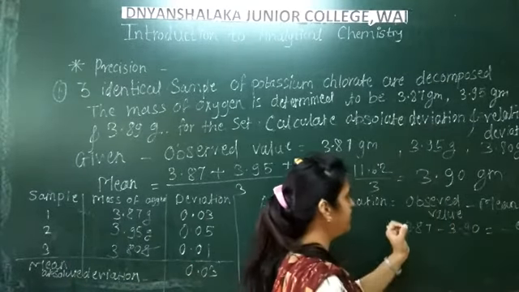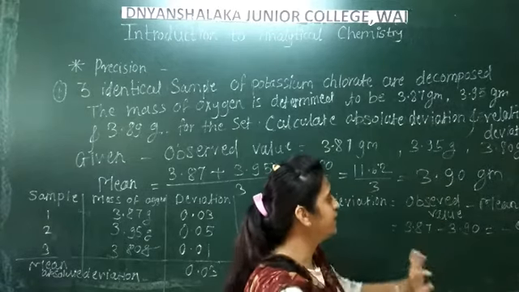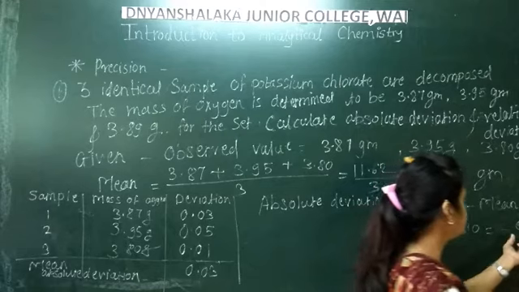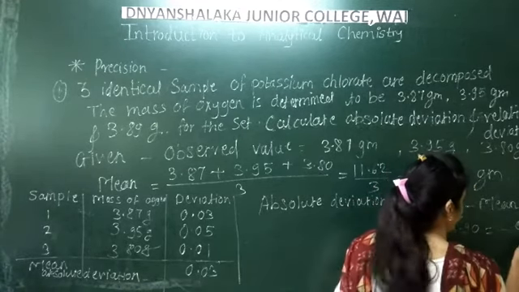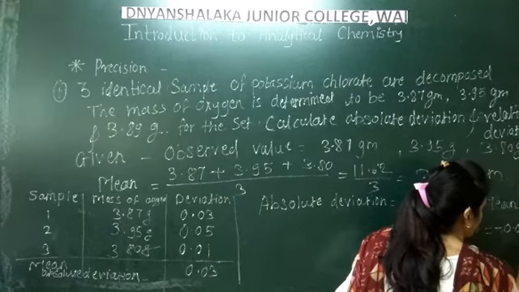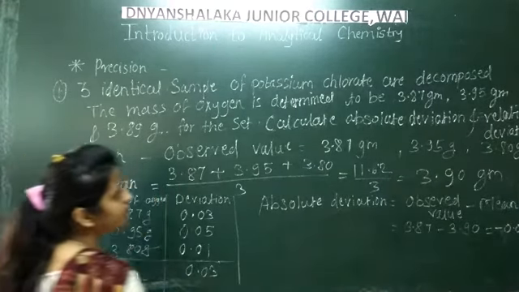Observed value is 3.87 and mean value is 3.90 gram. On subtraction of these two values we get minus 0.03 gram, which is the absolute deviation.